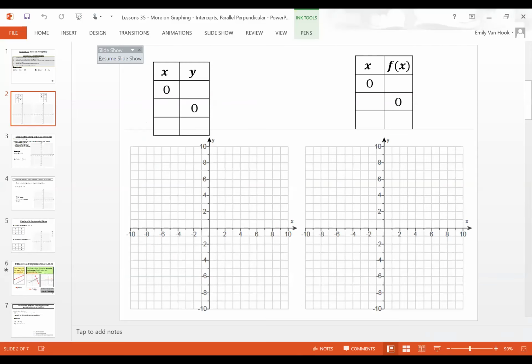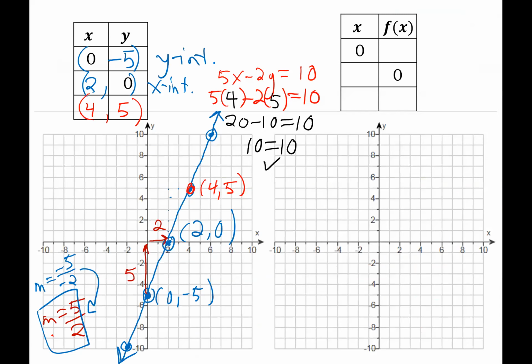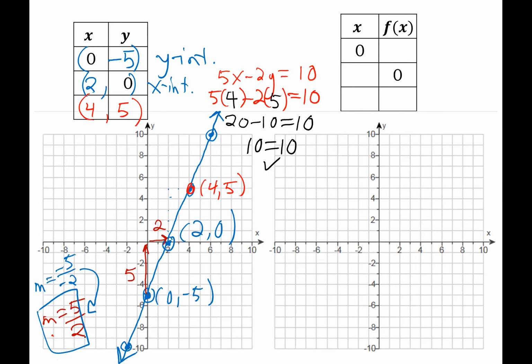Okay, and we're back. We got 0, negative 4, and then we got negative 1, 0. So let us fill in our little chart. I'll just use red, that's fine. 0, negative 4 was our y-intercept.